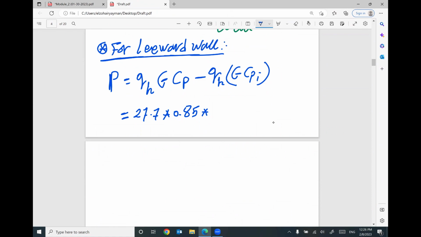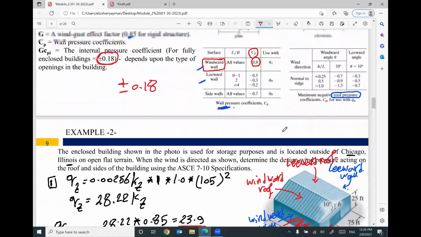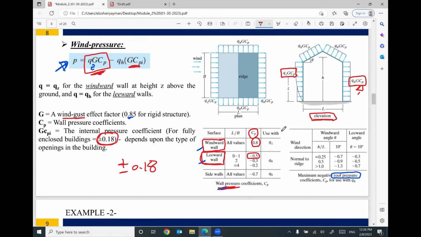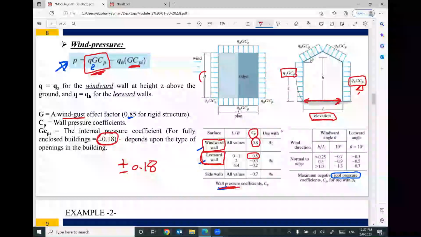Times CP. For CP, we are going to use the same table for wall pressure, but for leeward. We have different values. Most of the time, I'm going to use 0.5. Actually, you have to figure out the ratio between L and B. L is the width of your building, and B is the length.